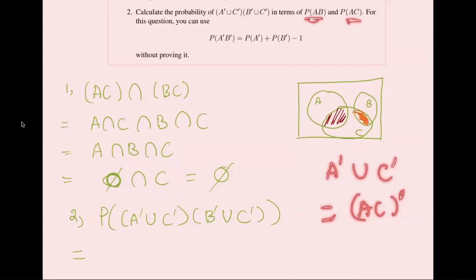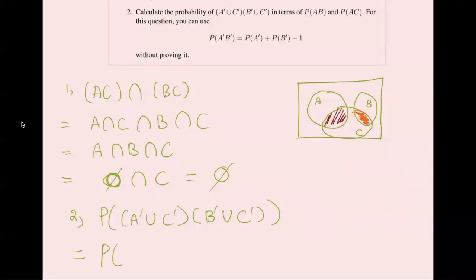So we want the terms AB and AC to appear. We don't need anything like A complement and C complement alone. So I can convert the first set to AC complement. What about the second set?